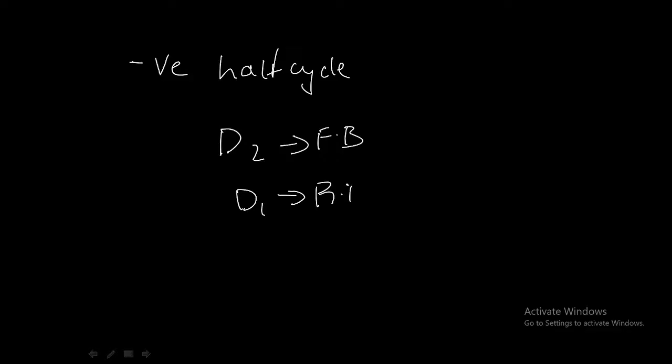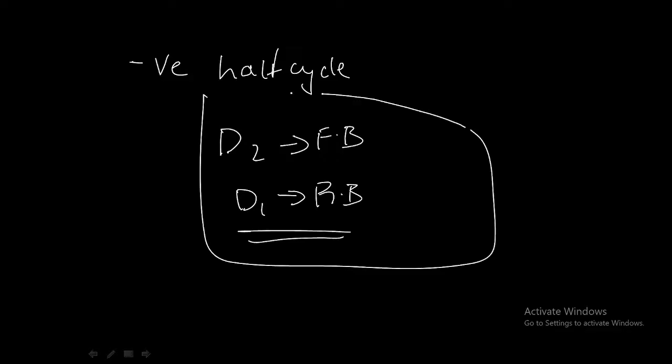So for every cycle, D1 and D2 will change. Once it will be in forward bias, and for the next half cycle it will be in reverse bias. D1 will be forward bias in positive half cycles only, whereas D2 will be forward bias in negative half cycles of input.